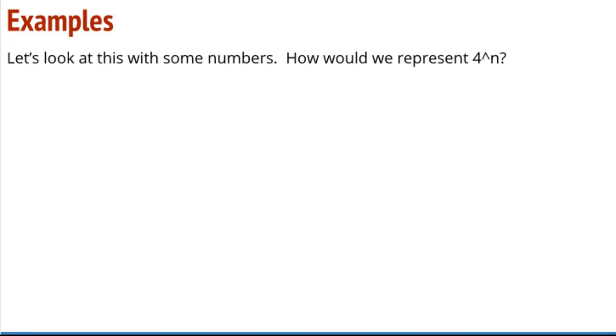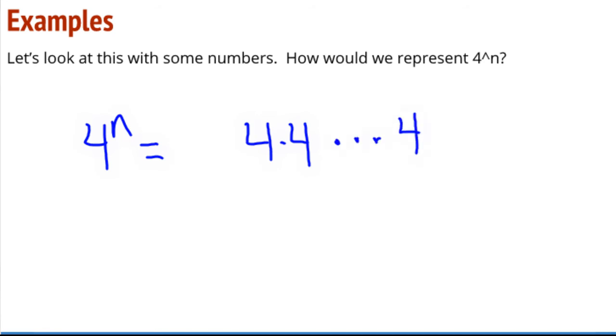So how would we represent 4 to the n power? So we're using that general form. How would we show that? Well, 4 to the n. We are multiplying 4. Now right there I stop at 2. Remember, we use these 3 dots to show that we keep going.